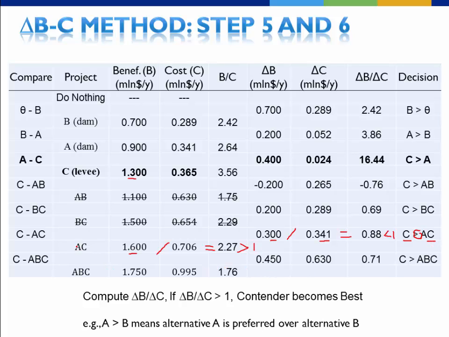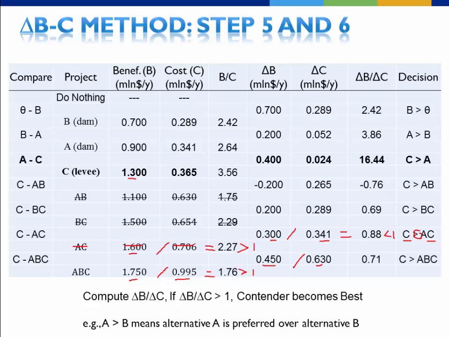And so you cross out this one, and then you need to compare the last one, which is C over ABC. These are the benefits, these are the costs. Again, when you divide these two, these are greater than 1, so this is an economically feasible option to look at. This is the increment in the benefits, so 1.75 minus 1.3, and these are the increment in cost.